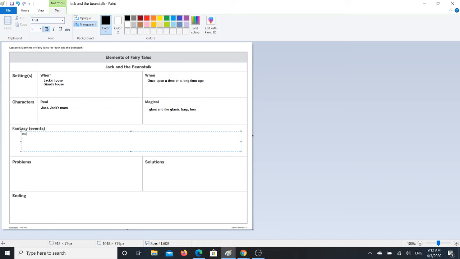No. These are really small writing, so I want to make it larger. So magic beans. Those are not real. Those are definitely fantasy type events.